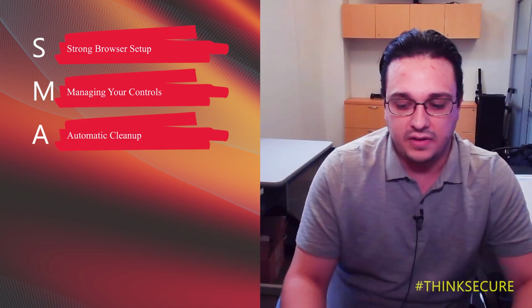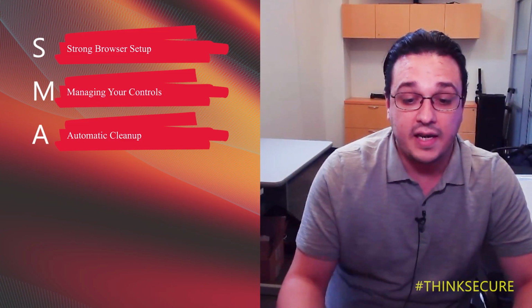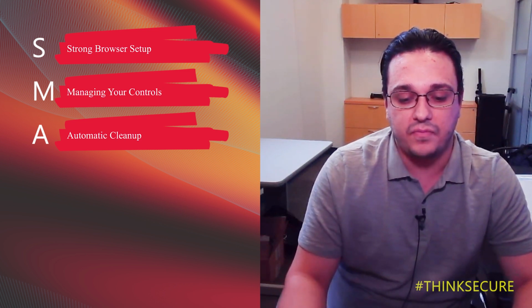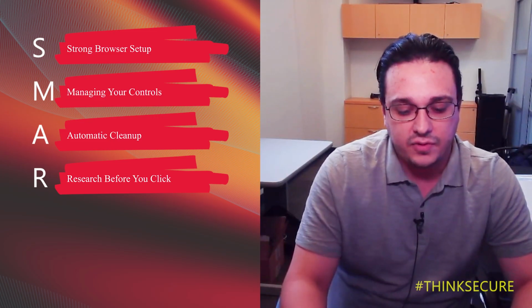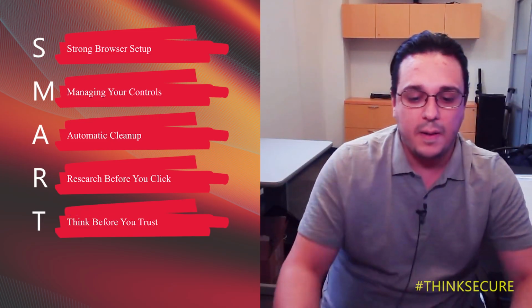I like to call this one a spring cleaning type of thing, which is really fun. That's my favorite one that I can't wait to get into, letter A. Then research before you click, letter R. And the last one, think before you trust, letter T.